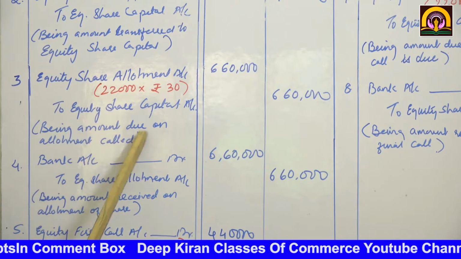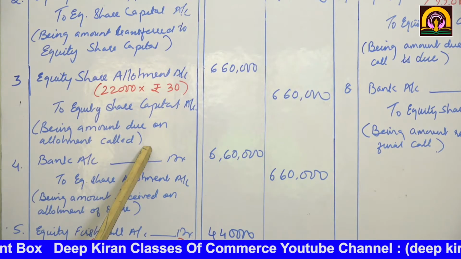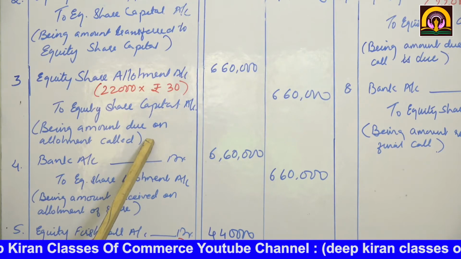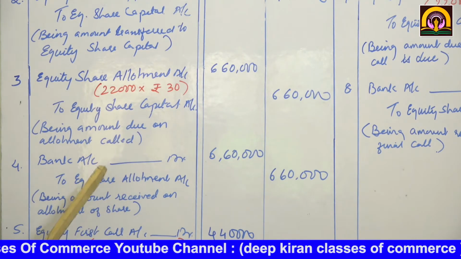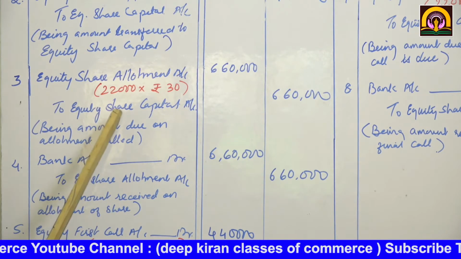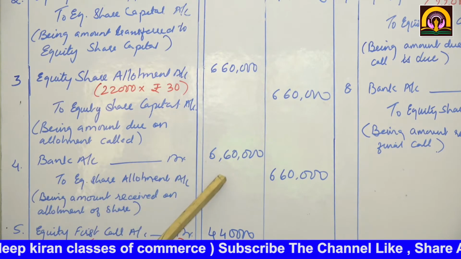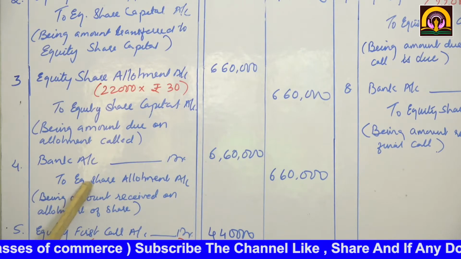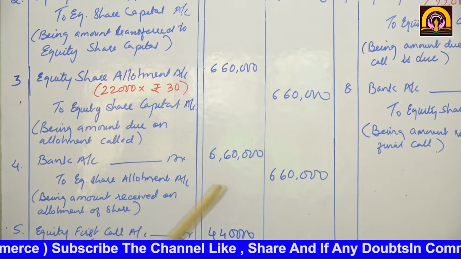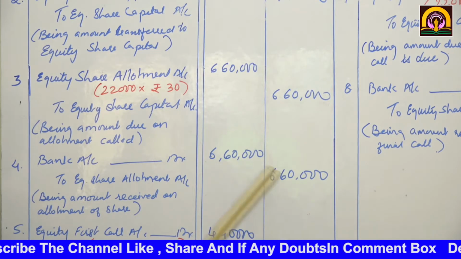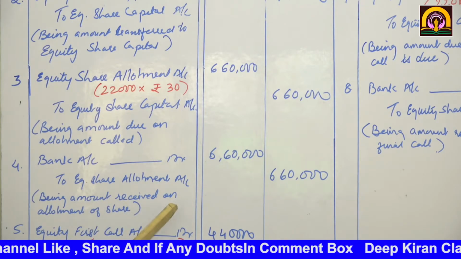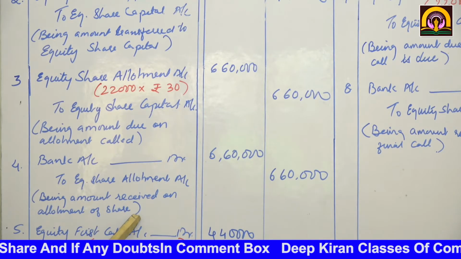Being amount due on allotment called. Now we have received this amount: bank debit 6,60,000 to equity share allotment account 6,60,000. Being amount received on allotment of shares.